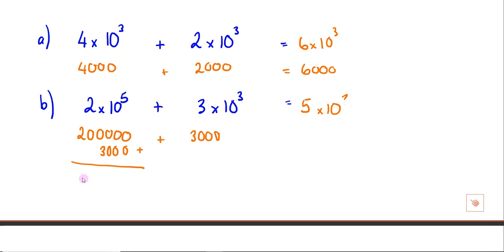So I now know it's 2, 0, 3, 0, 0. Look, it's not 5, it's actually 2.03 times 10 to the power of 5. Oh, it's the big one.